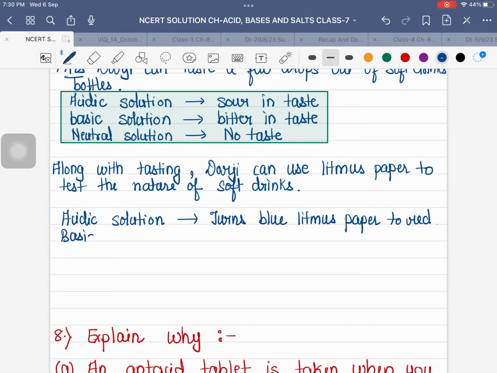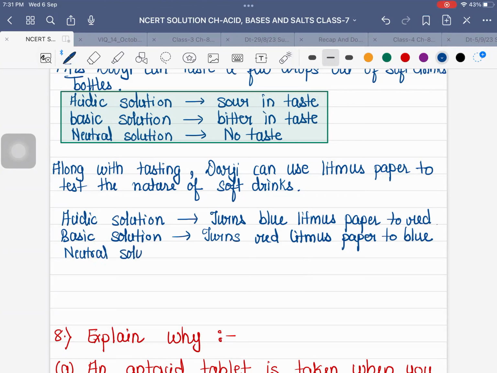Basic solution, it turns red litmus paper to blue color, and neutral solution, no color change.